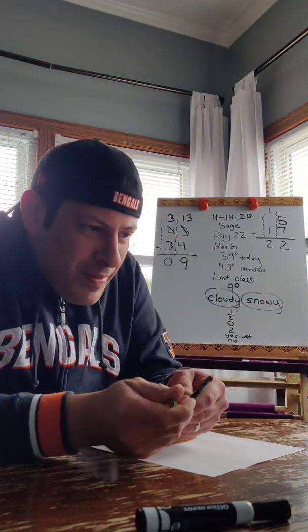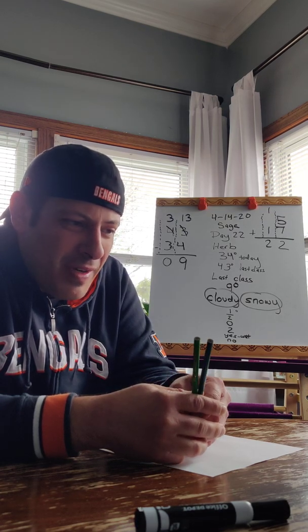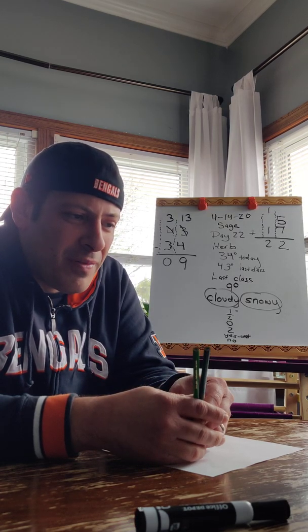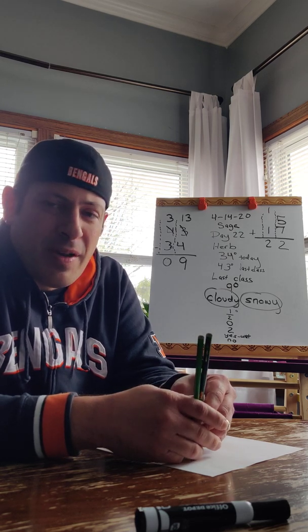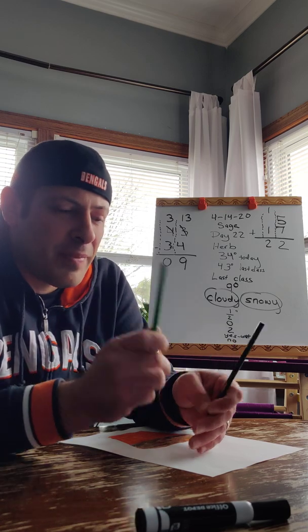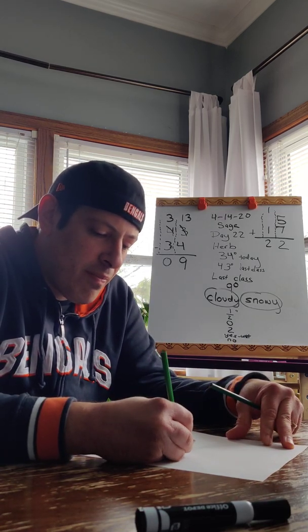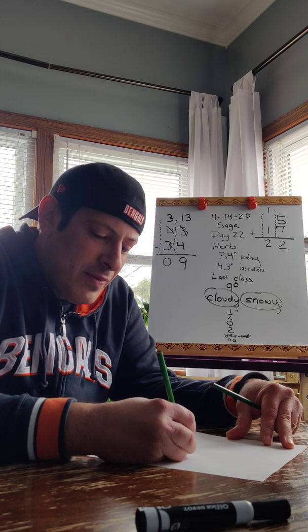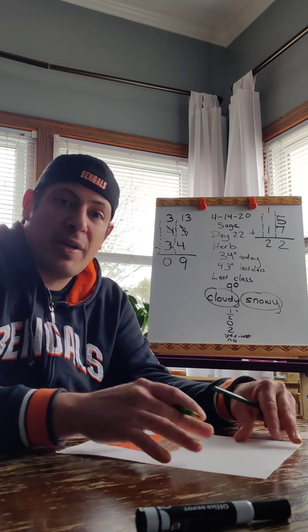Now, the stem is almost like a yellowish light green, and the leaves are darker green compared to the stem. One's going to be bigger than the other, so I'm going to use my light green to start my stem. And the plant is very small right now, so I'm not going to draw a big giant plant.